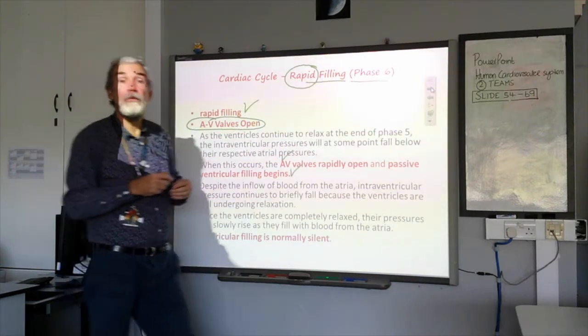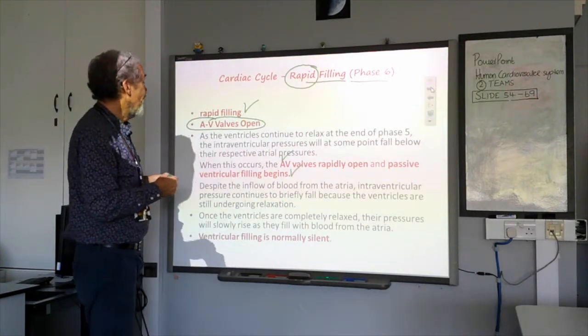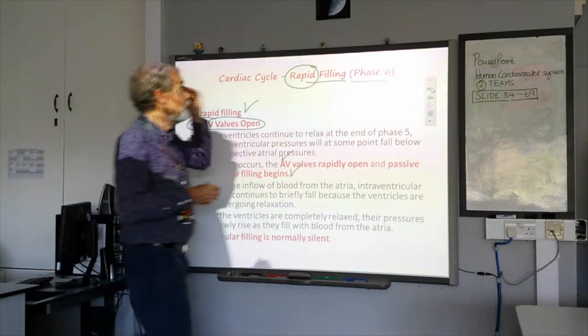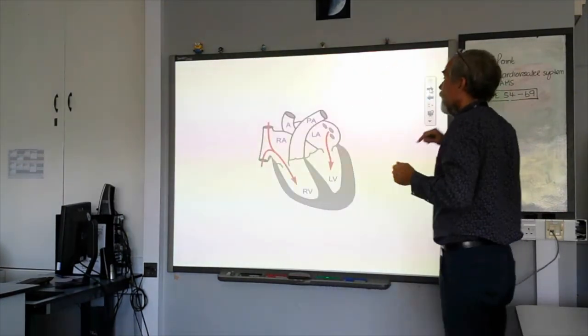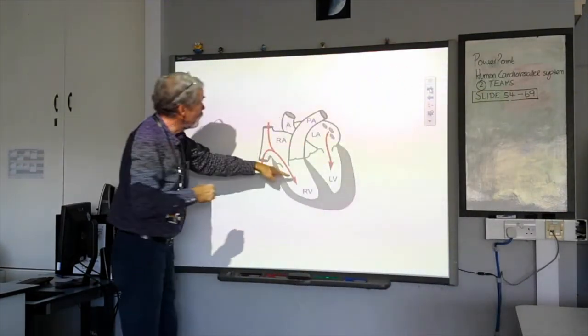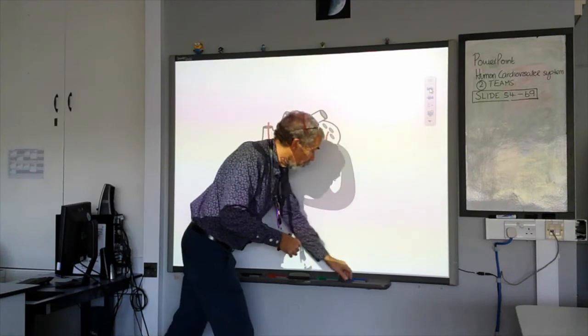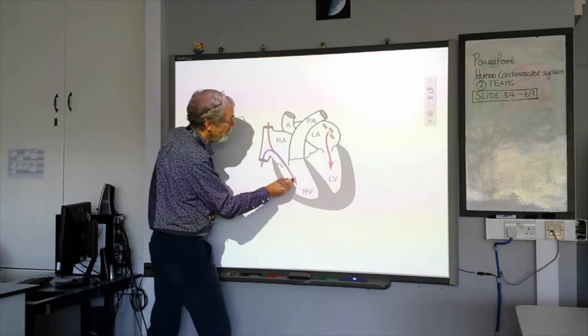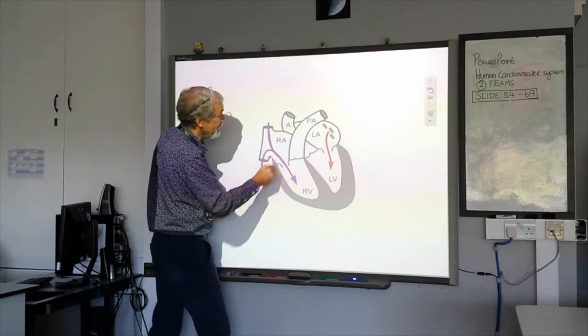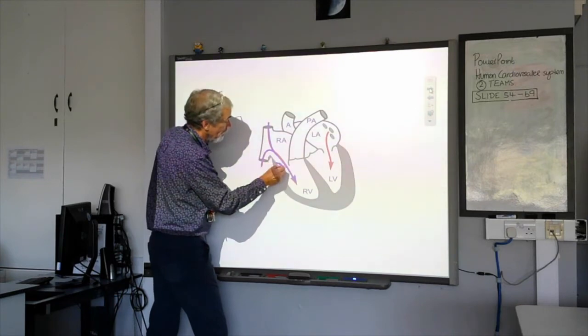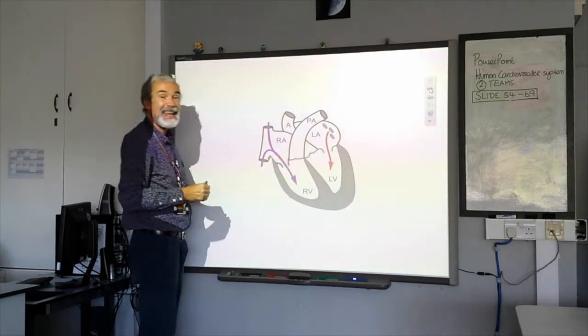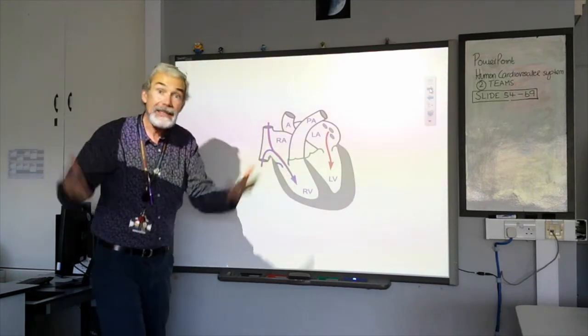Normally, ventricular filling is absolutely silent. So let's look at that on our diagram. First time in a long time, blood is now going to flow back this way, all the way into here. This valve, for the first time in a long time, is now open. Why is it open?